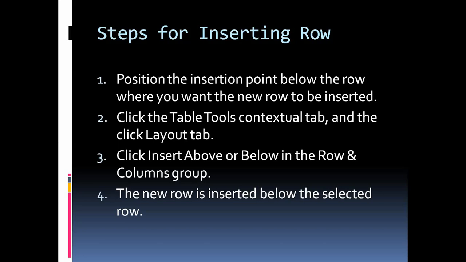Step 3. Click Insert Above or Below in the Rows and Columns group. Step 4. The new row is inserted below the selected row. These are the steps for inserting a new row in a table. If you want to insert a new row, then follow the given steps.